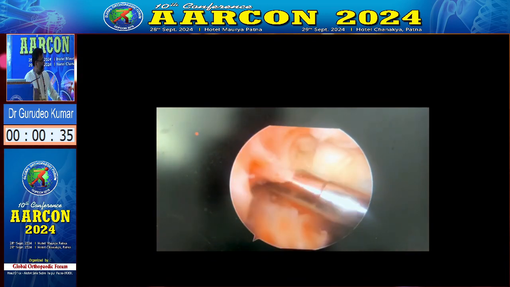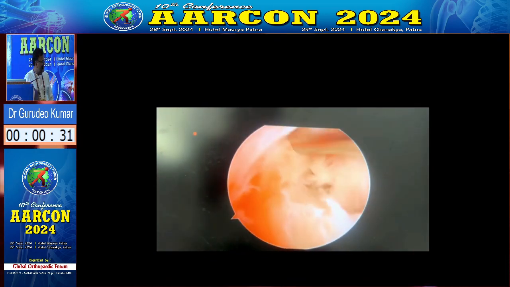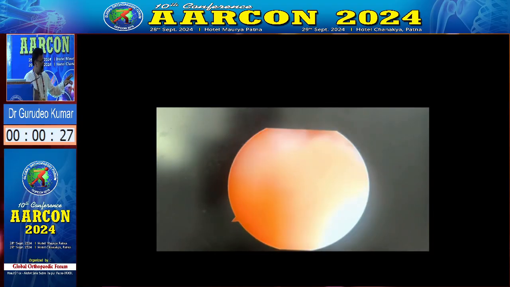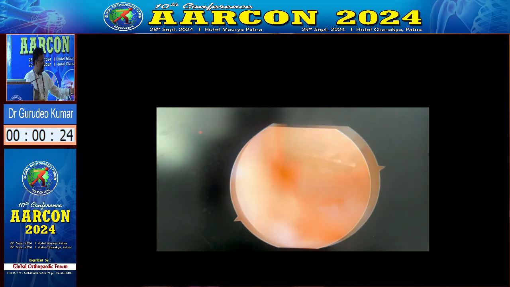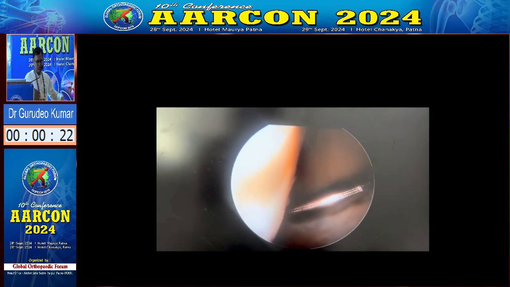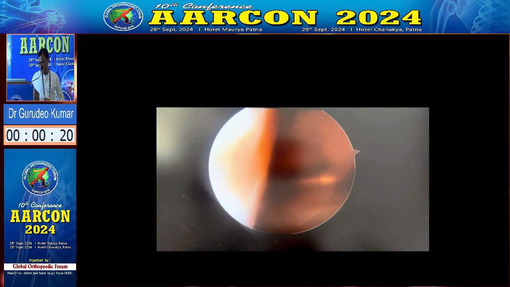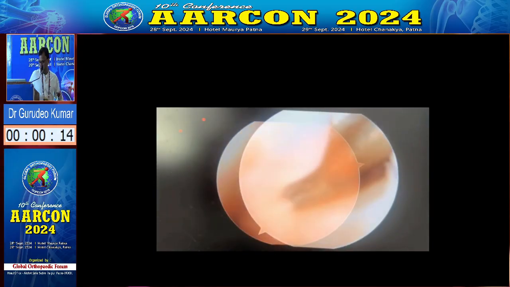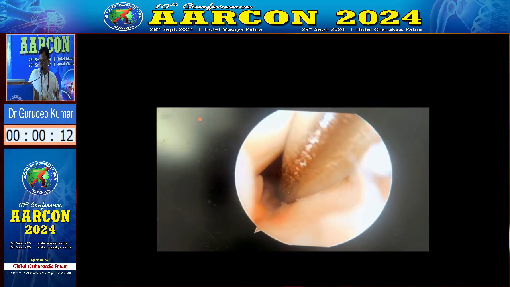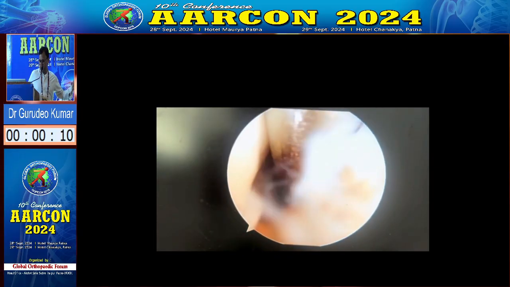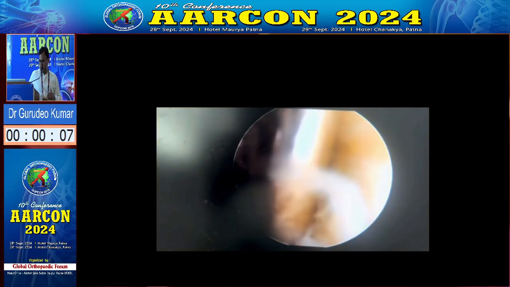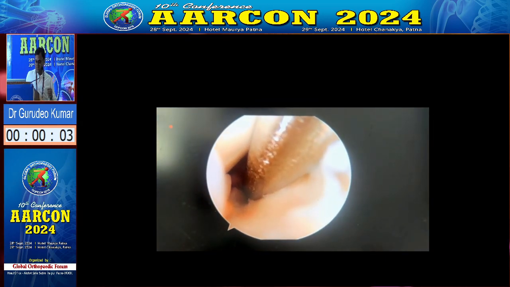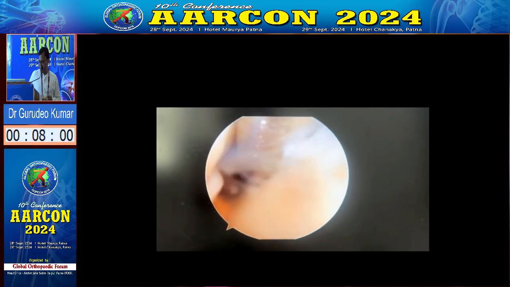In the intercondylar notch, after doing the synovectomy in the medial compartment and making the space between the ACL and PCL to enter the posterior compartment of the knee joint, then doing the suprapatellar pouch, removing all the synovium on the lateral and medial side, and up to the quadriceps tendon proximally.